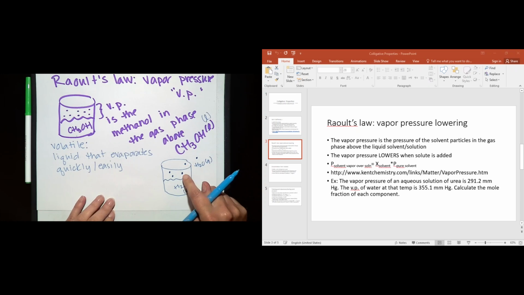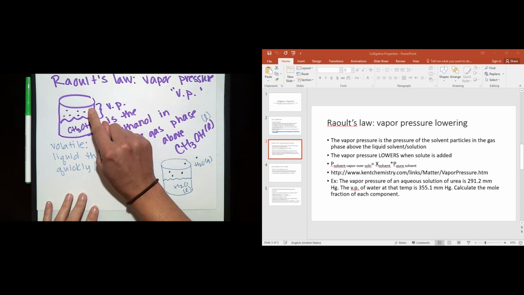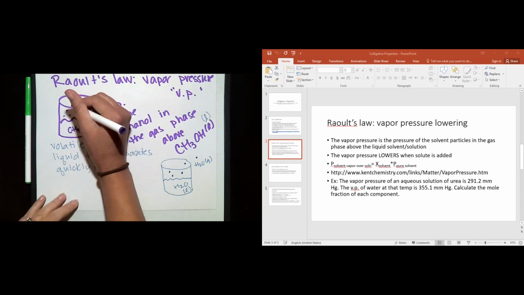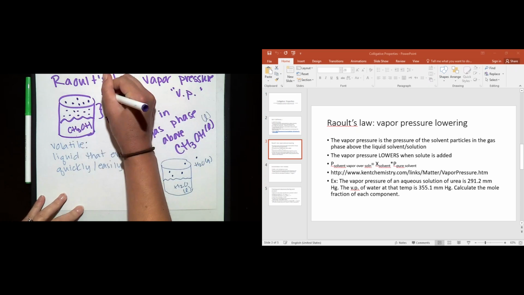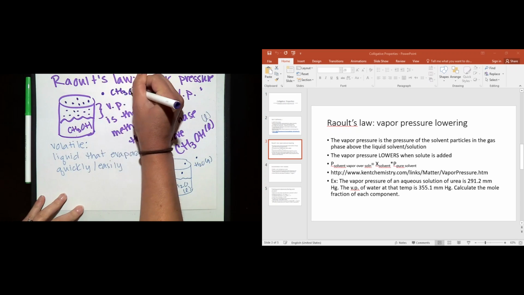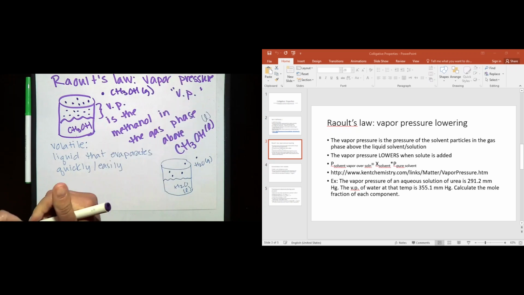So I only have 1, 2, 3, 4 just representing fewer water molecules in the vapor phase versus methanol. Methanol, and I can even add methanol, is quite a bit more. So if the purple dot is methanol in the gas phase, just from this picture, you can see that.